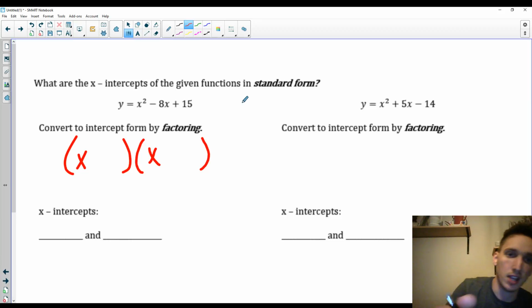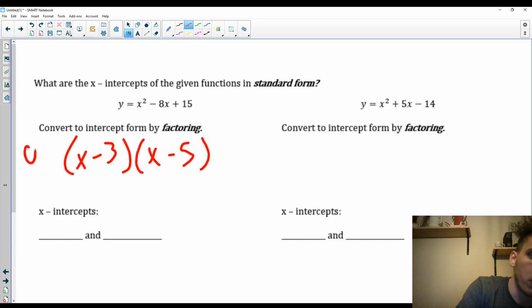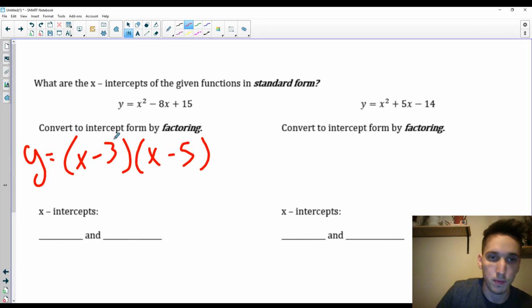And you should get negative 3 and negative 5, right? Negative 3 times negative 5, positive 15. Negative 3 plus negative 5, negative 8, right? So now that we have converted this to intercept form, we can find the x-intercepts, right?